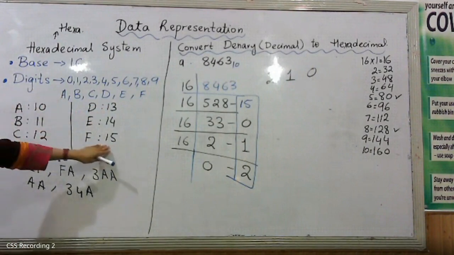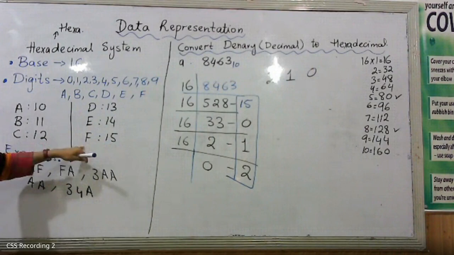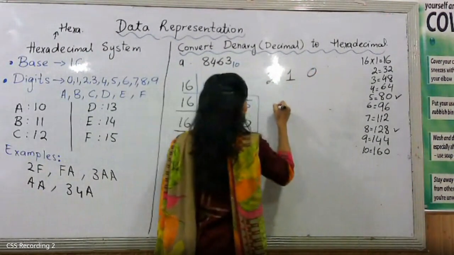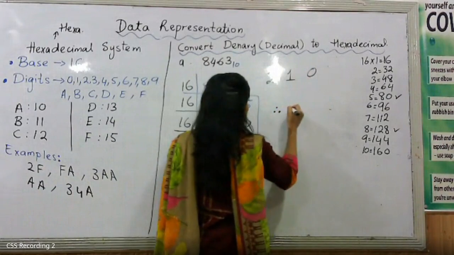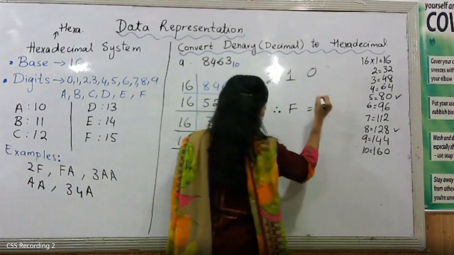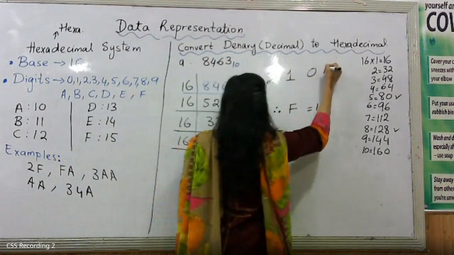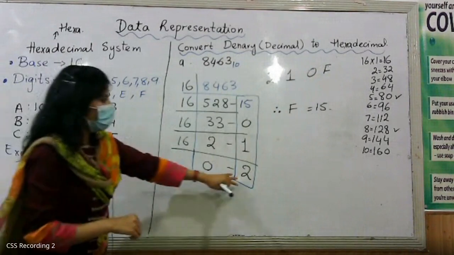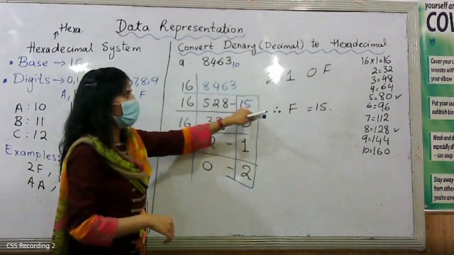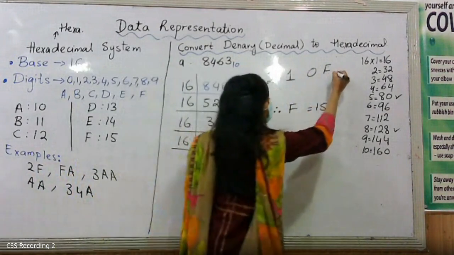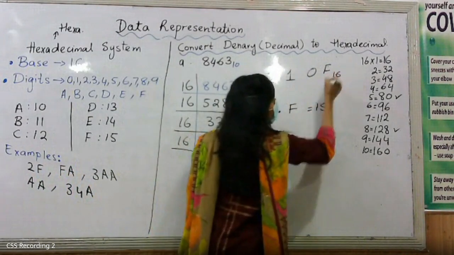Like 15 can be represented with F. So we can write it 2, 1, 0 and F, where F is for 15. And it is the hexadecimal value.